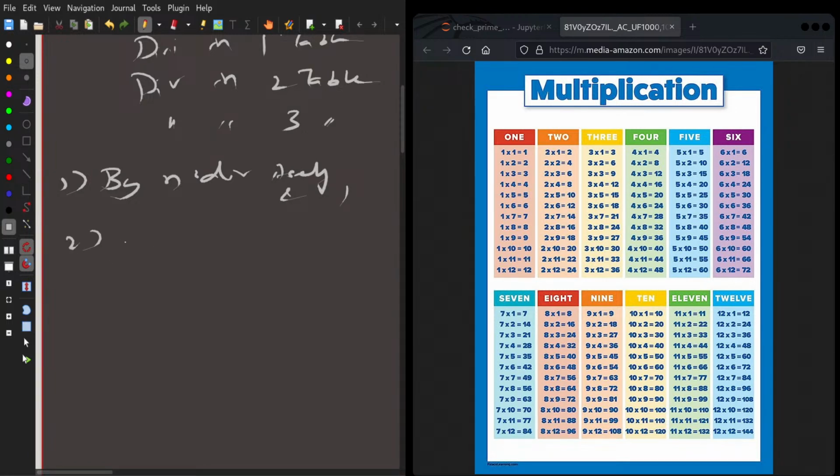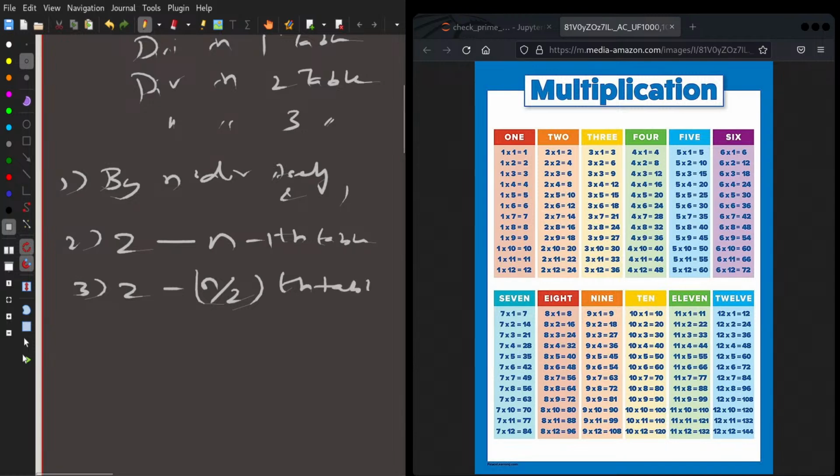Based on the second analysis, we put a bracket to check from 2 table to n minus 1 table, and based on the third analysis, we are again going to reduce the number of steps in finding whether that is prime or not. So 2 to n by 2 table. If something is divisible, we can find it within this range itself.